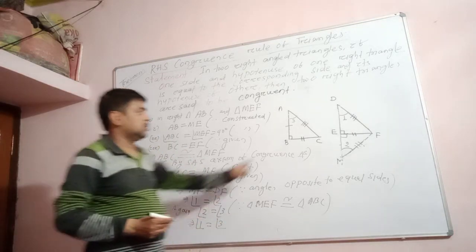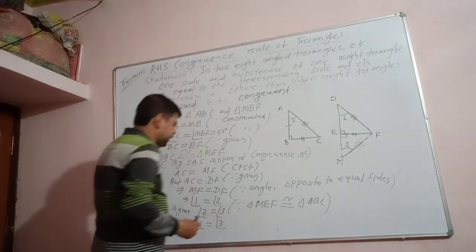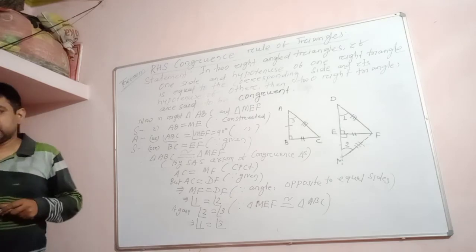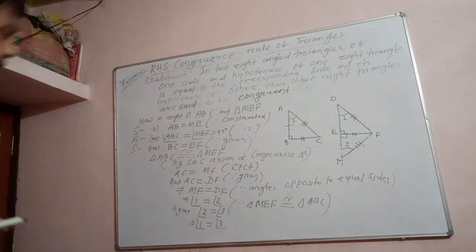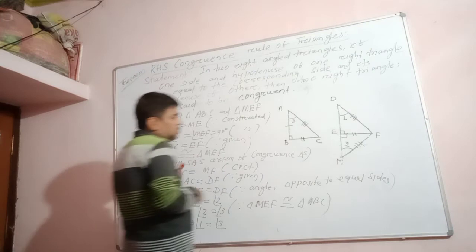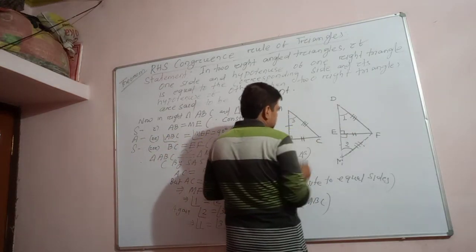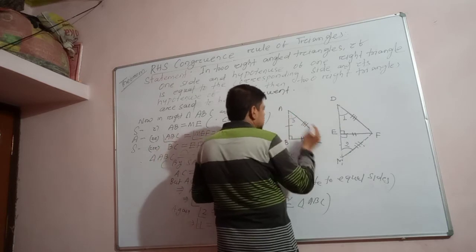If one angle is equal to 3 angle, what do you mean by that? One angle means which one? EDF angle is equal to BAC angle.